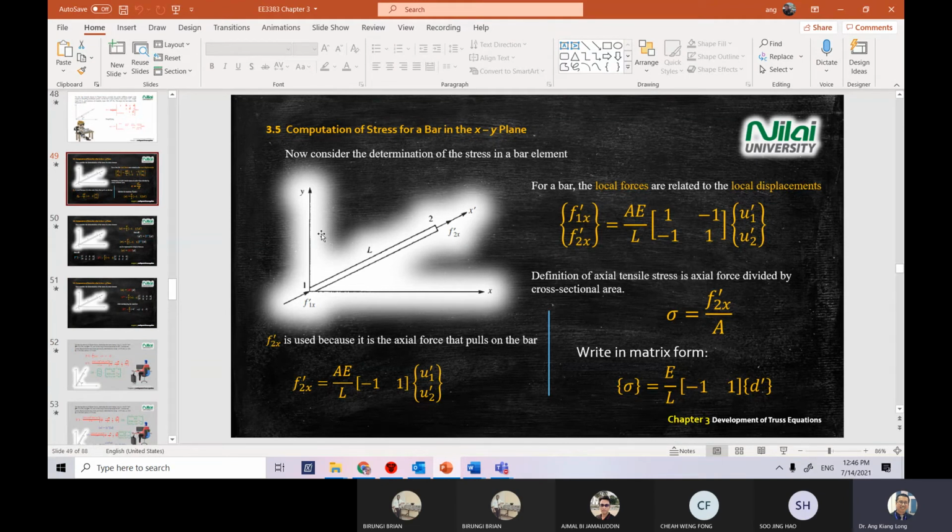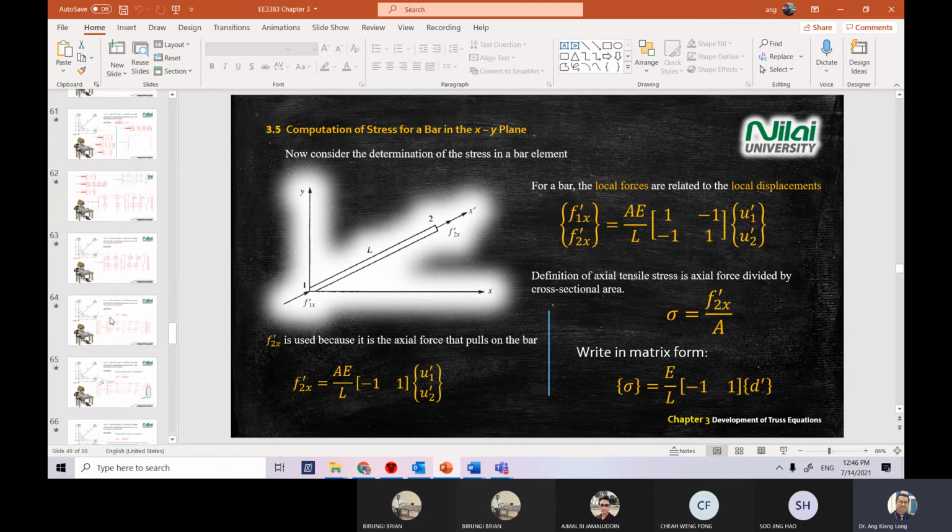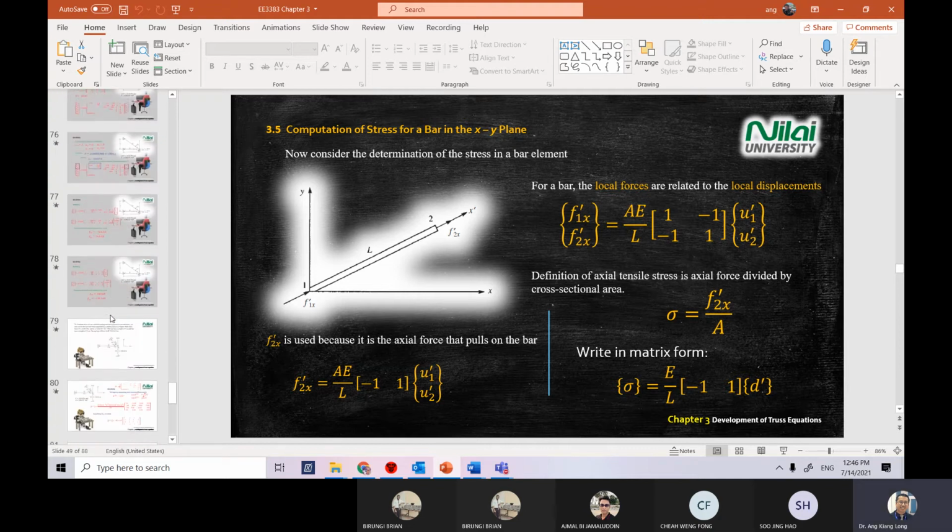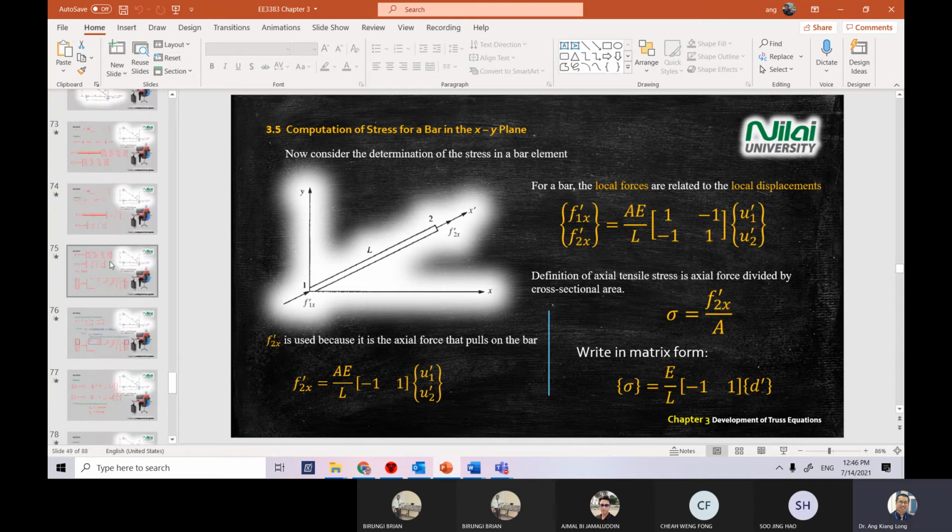When you look at an individual element, you are looking at F equal to KD. So F equal to K, this is your K, AE divided by L times 1, positive 1, minus 1, minus 1, 1. D is the usual one, U1 and U2. So you repeat the same for this case.